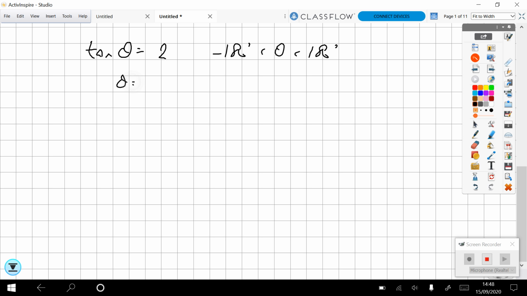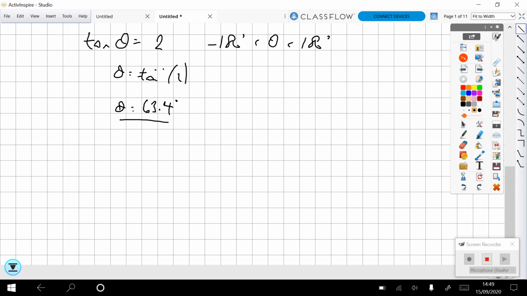Theta equals inverse tan of 2. The calculator tells me that that is 63.4 degrees. And again, that probably isn't the only answer. We need to draw a sketch to see if there's something else we need to think about.